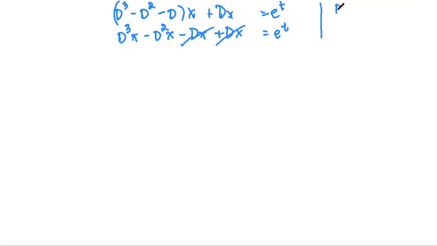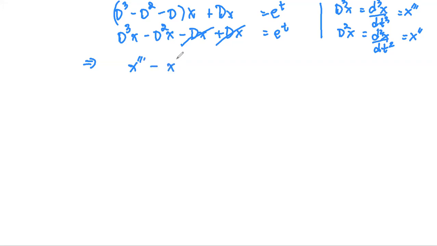Note that D to the third x is the same as the third derivative of x with respect to t, or x triple prime. And D to the second x is the same as the second derivative of x with respect to t, or x double prime. So this becomes the differential equation of x as x triple prime minus x double prime equals e to the power t.